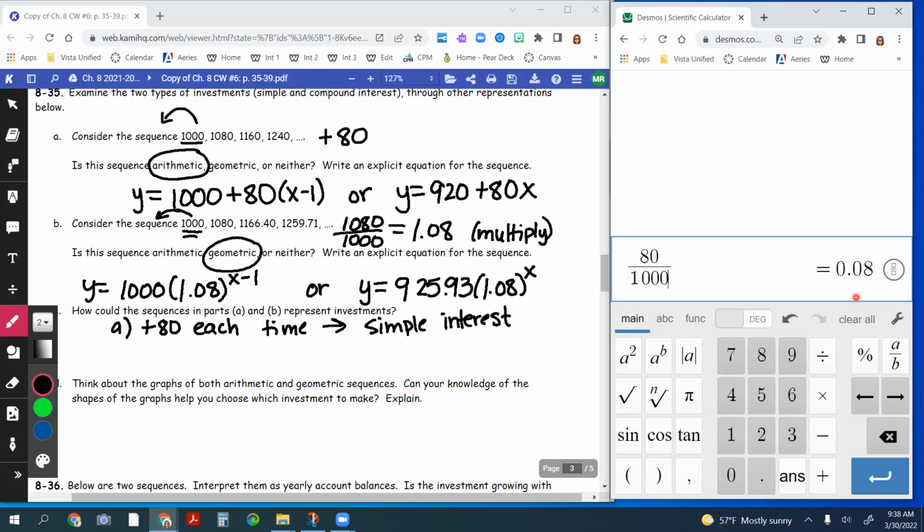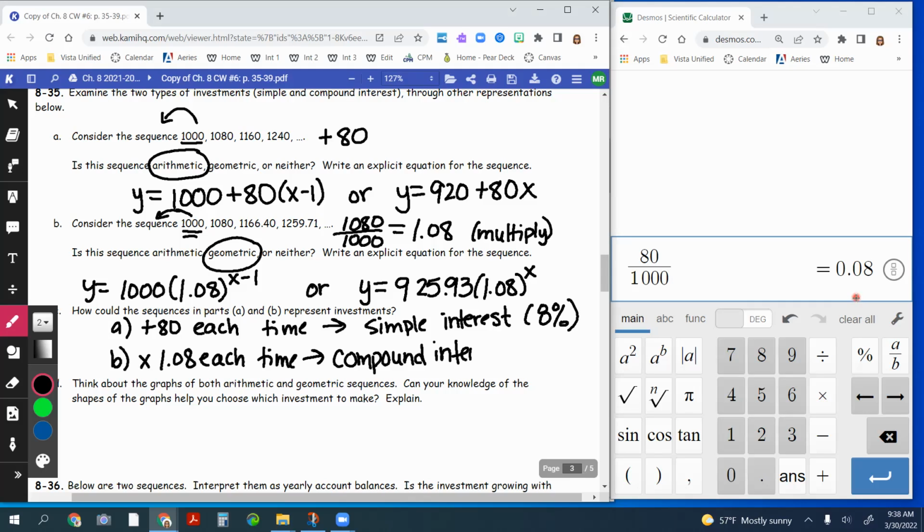So simple interest, 8%. So we're getting 8% of 1,000 every single year. B, when we are multiplying by 1.08 each time, that one is giving us compound interest. And again, that's 8%, but it's compound interest.